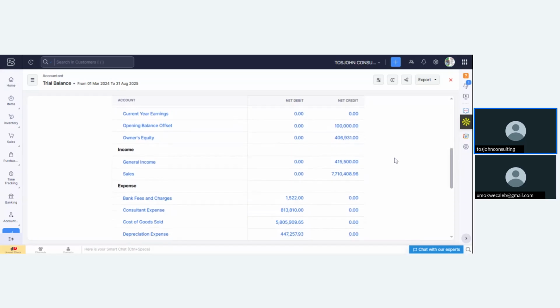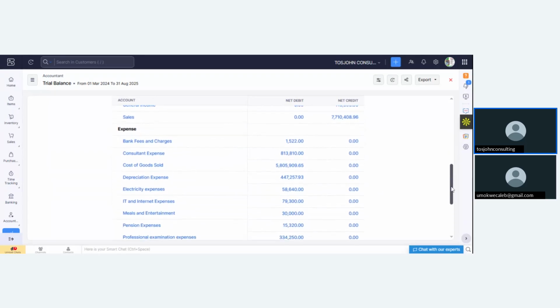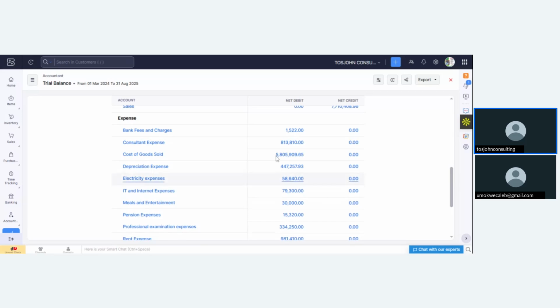Then under income, income is part of sales revenue, right? So it's a credit entry, and this is correct. Then these expenses are debit entries. You can see they are all debit entries. They are correct.